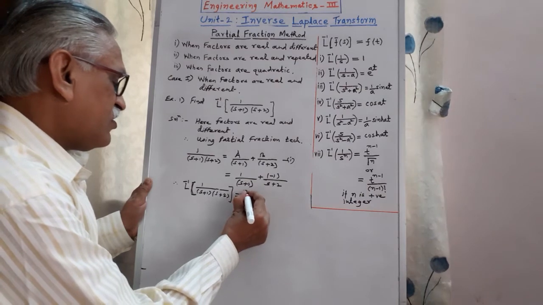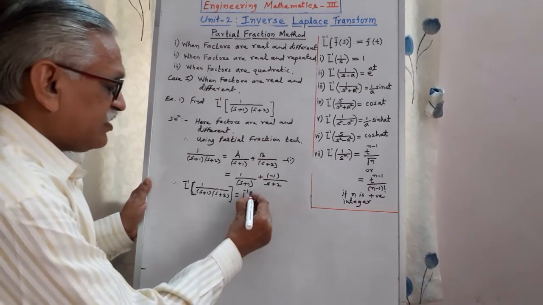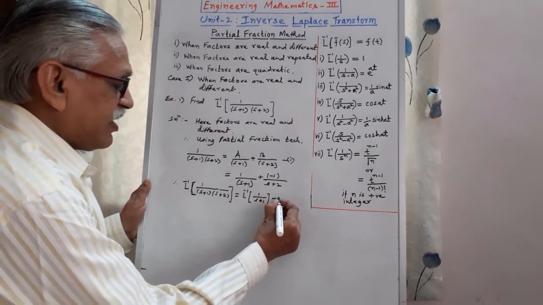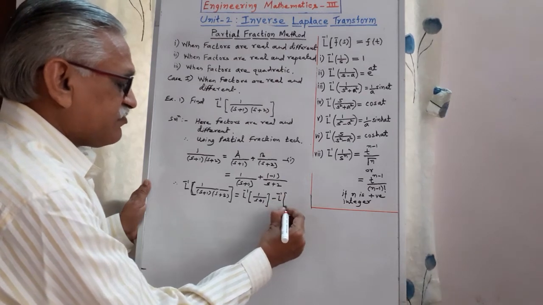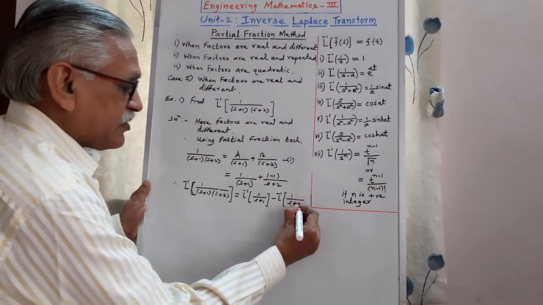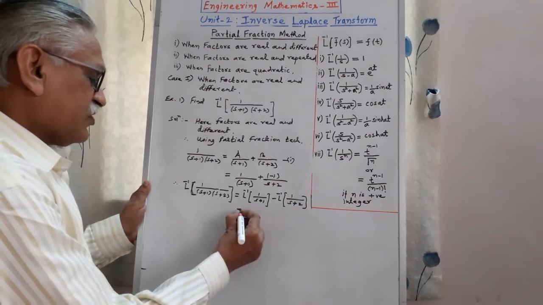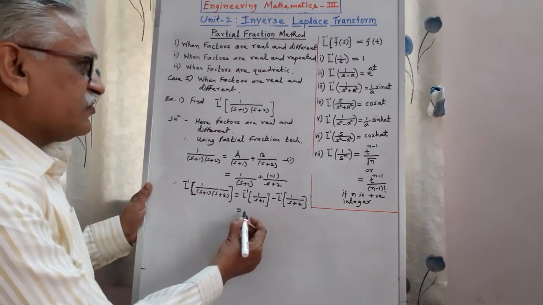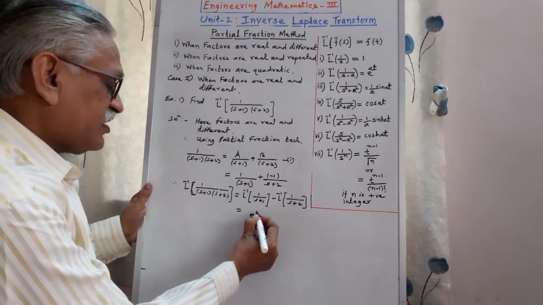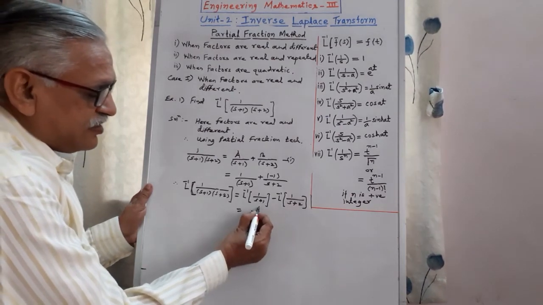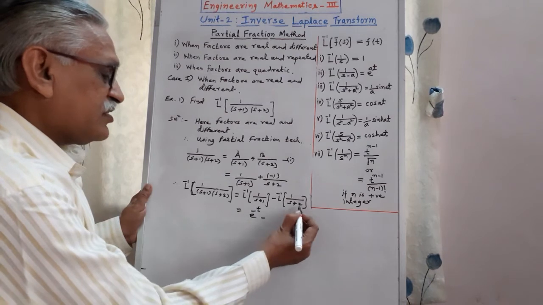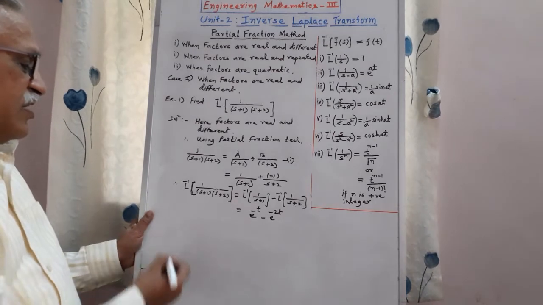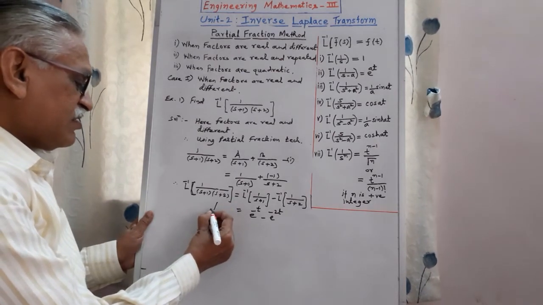inverse of this term, and taking individual inverse of the first term 1 upon s plus 1 minus inverse of second term, and then it is equals to applying standard result, s plus a, its inverse is e raised to minus at, therefore it is e raised to minus at, a is here 1, therefore e raised to minus t, minus inverse of this is e raised to minus 2t, and that is inverse of this function is f of t.